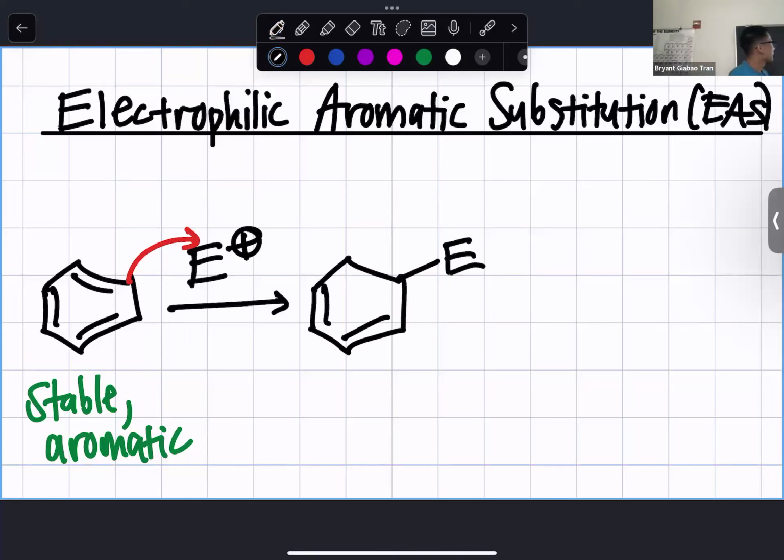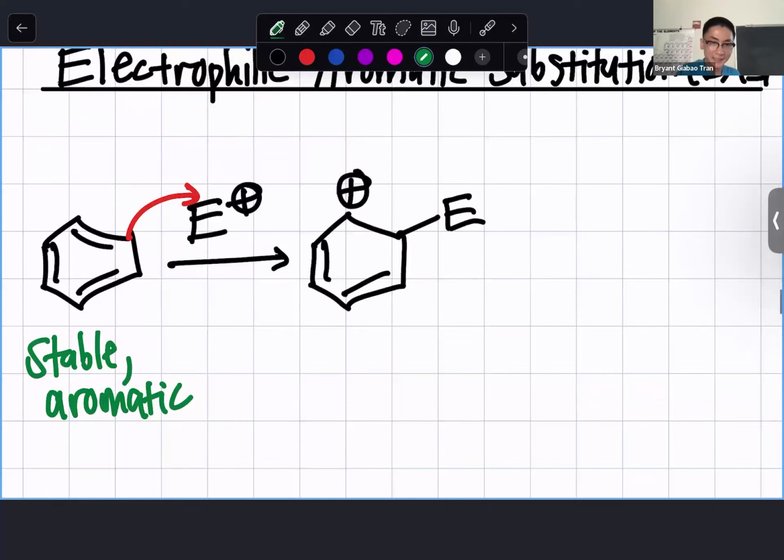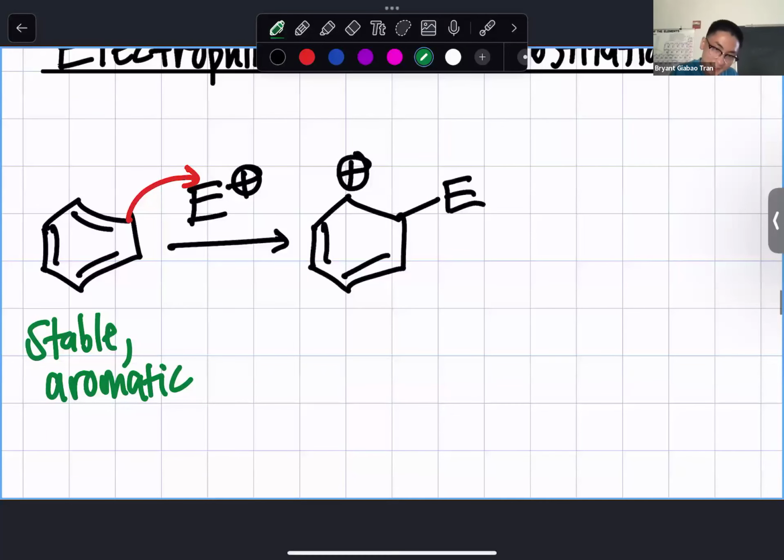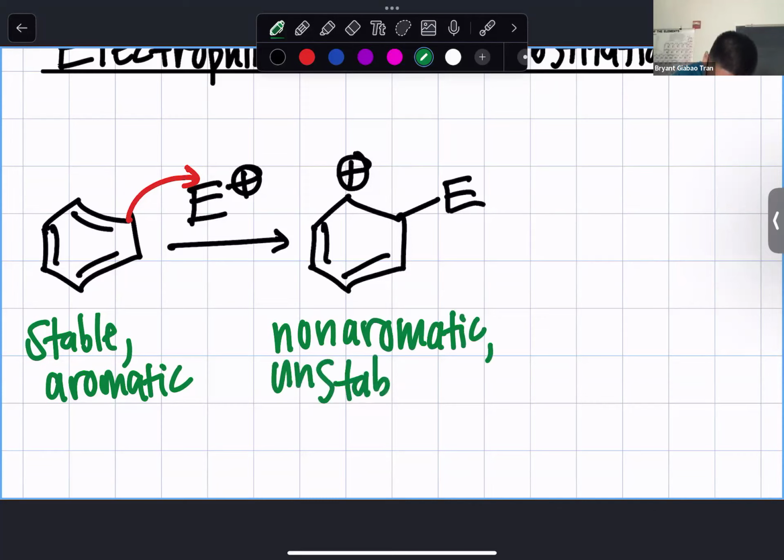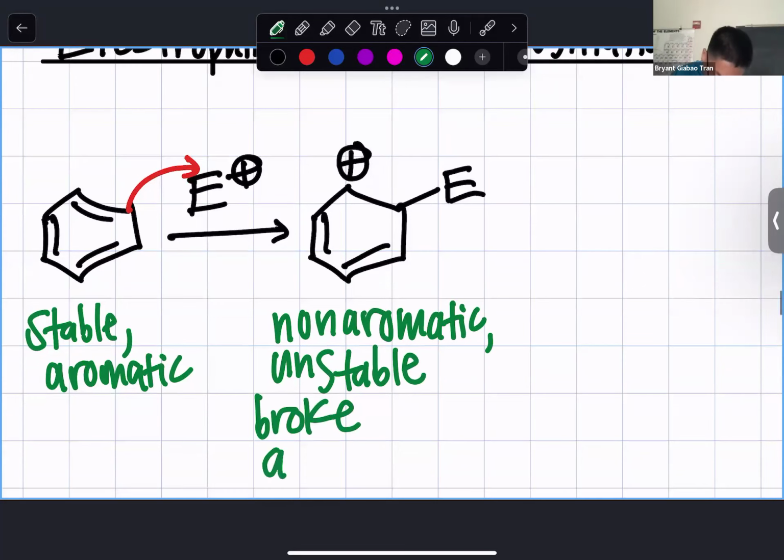This carbon here lost the bond, so that carbon would have a positive charge, right? So now this one is non-aromatic. It is unstable. We broke the aromaticity.